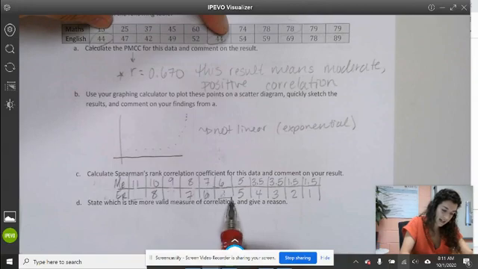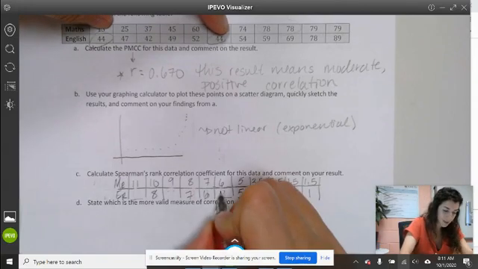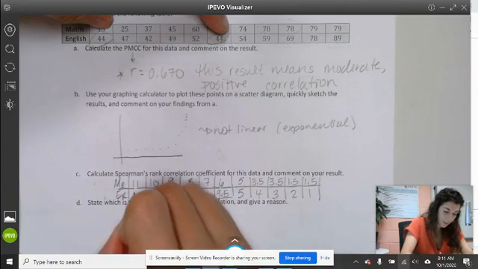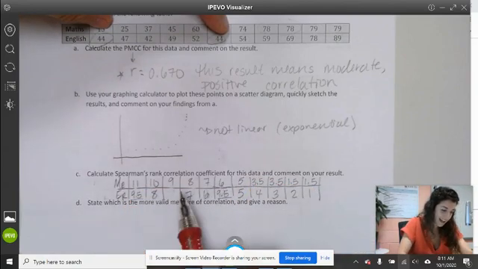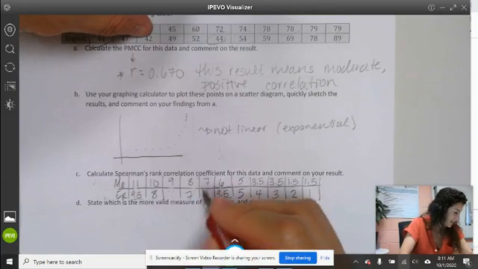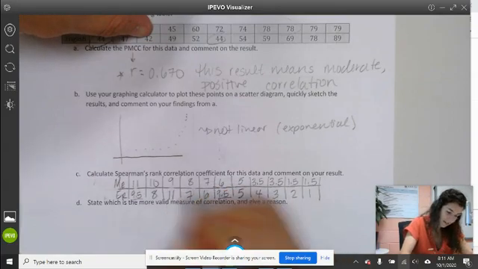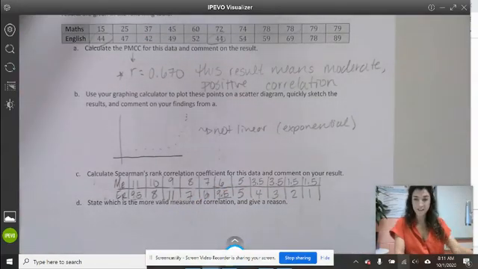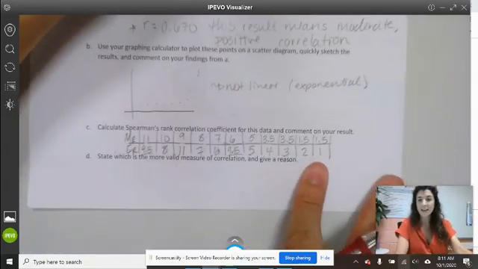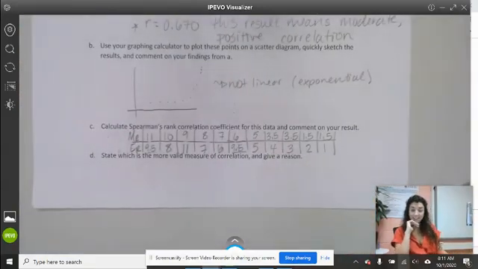So then this guy and this guy share the 9th and 10th place, which means I need to find the average of those two, which is 9.5. And then 42 is definitely the smallest, so that would be an 11 there. I'm so sorry for the confusion, but obviously it's not super easy to rank numbers sometimes, and there's lots of room for mistakes, so just be very careful with that.